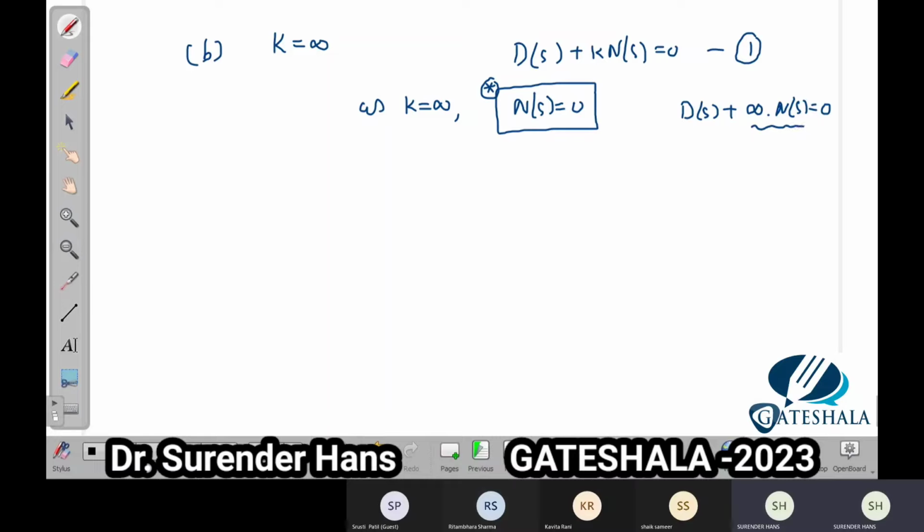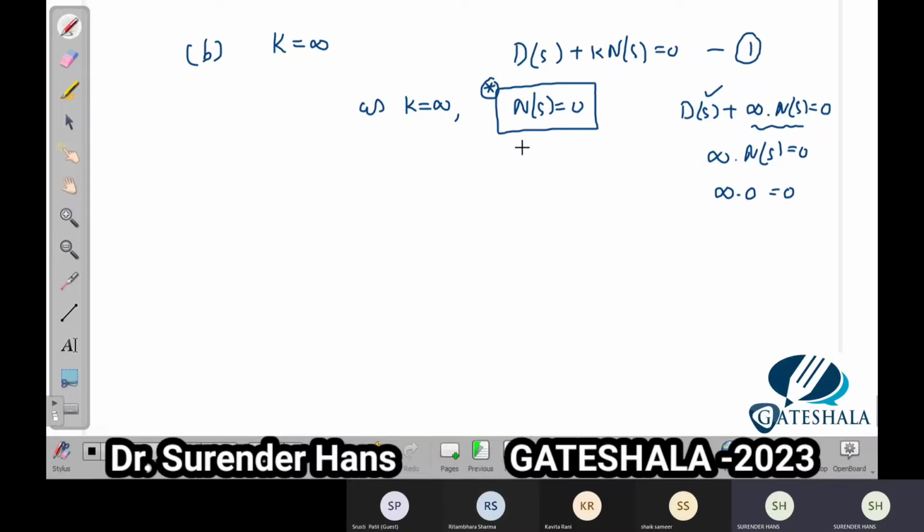So this term is dominating as compared to this term, so I should ignore this d(s). So infinity into n(s) is equal to 0. To make it equal to 0, I should put n(s) is equal to 0. Correct? Very good. Correct. So now n(s) is equal to 0.